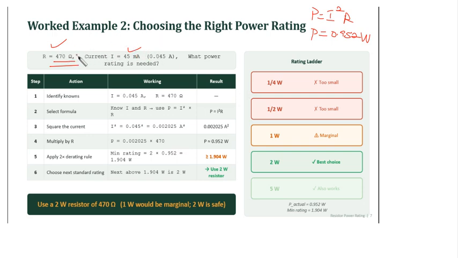If I want to now choose a resistor of this value against a power rating, I will have to apply the derating rule.